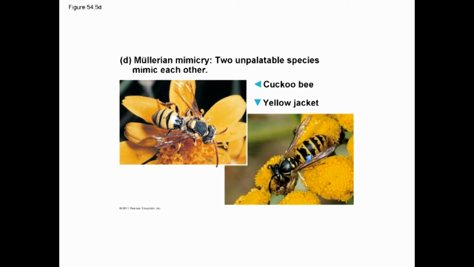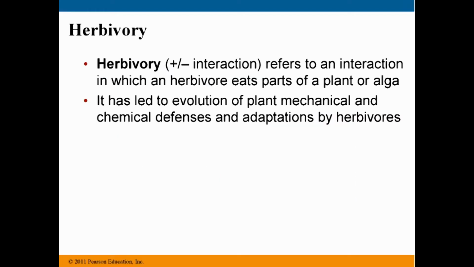So both of these are very unpalatable and very harmful to predators. So they have learned when they see this black and yellow coloration to stay away from them. So in this case, you're looking in terms of numbers. So by having multiple species have the same coloration, then all of the members of those species are going to be left alone.